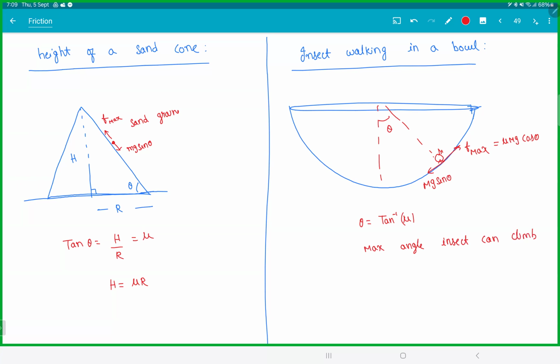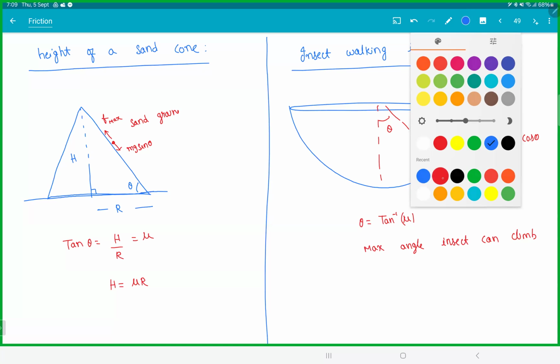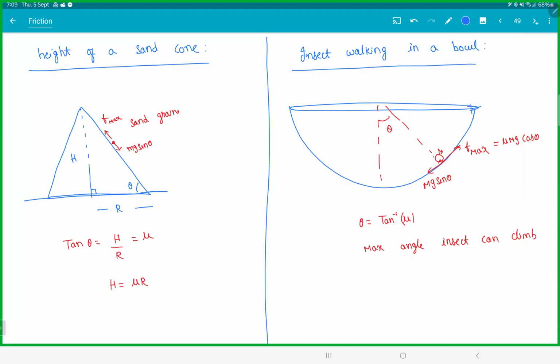So you can play around like that. Clear?